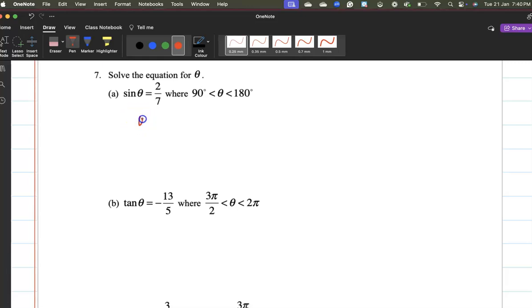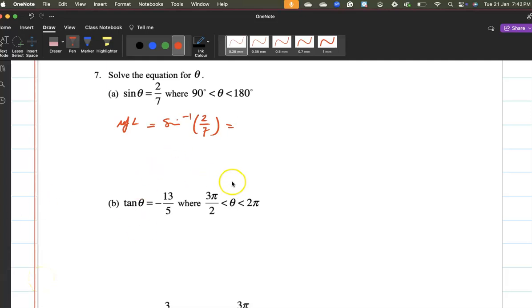So this one. First of all, you get the reference angle. Let's call this the reference angle. So what is the reference angle? Sine inverse of 2/7. Which is what? The calculator is slow. It's just saying it's loading, but it's not loading.